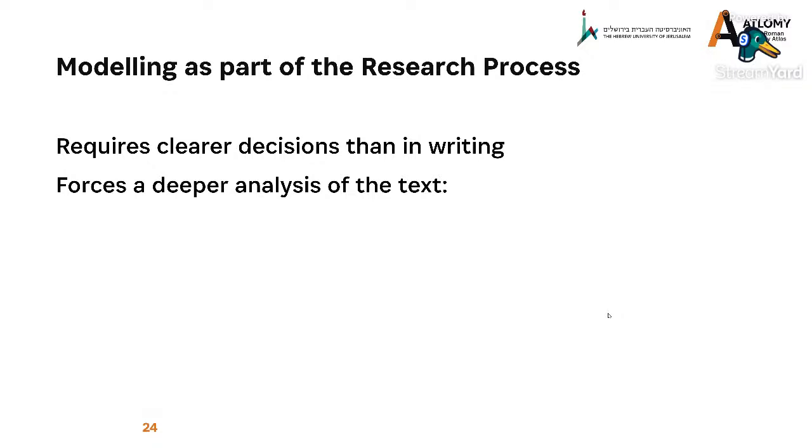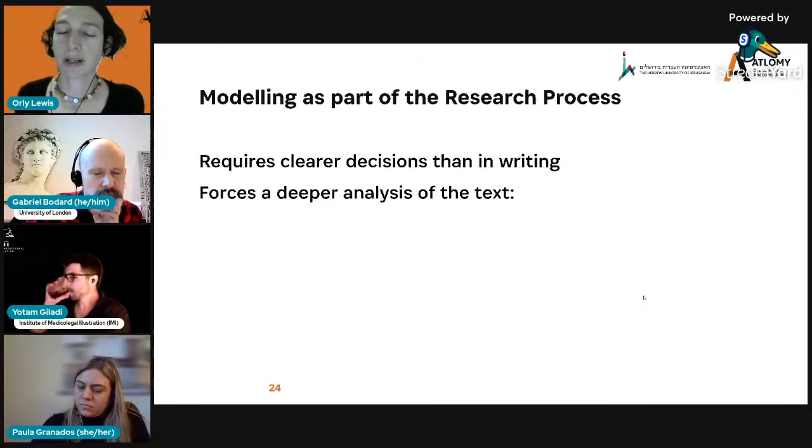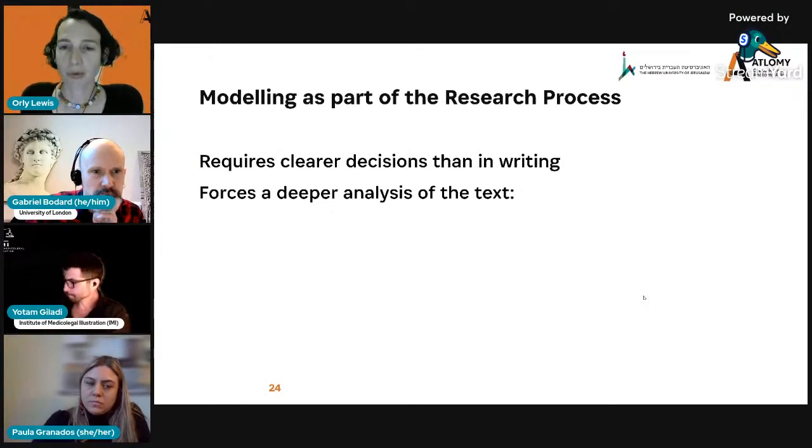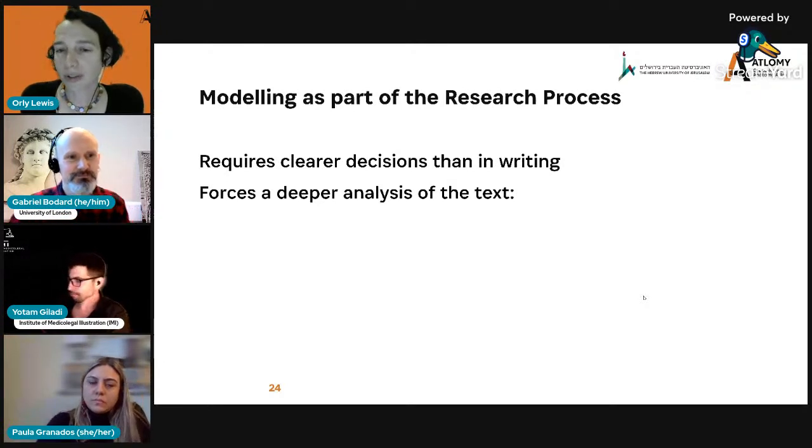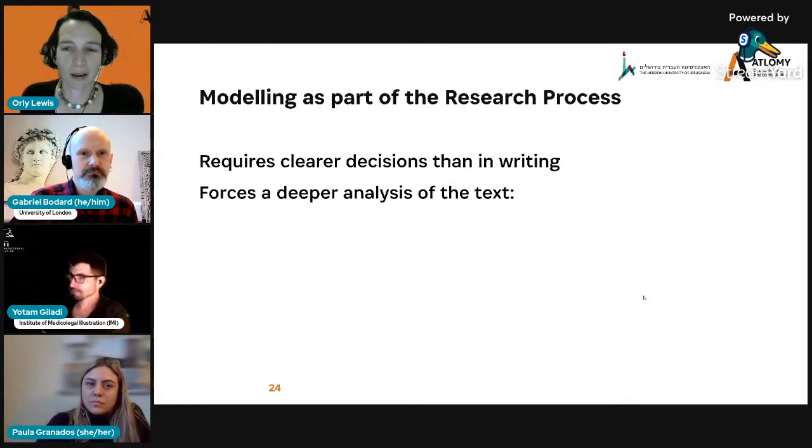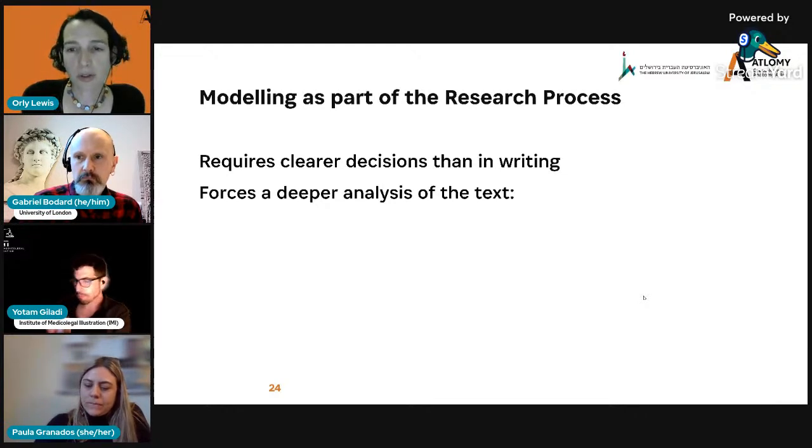It forces me all the time to return to the text and realize that I had glossed over things. I thought I had solved it, I've just translated the text and everything is fine. But when I come to model, I need to make decisions which I didn't even realize had to be made. So just to give you some examples.